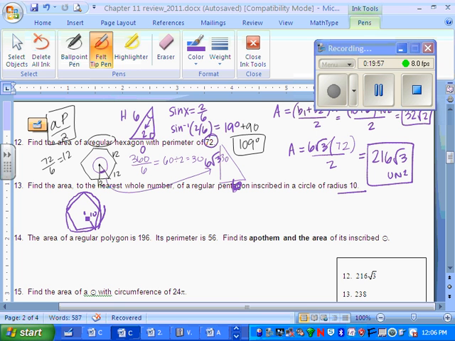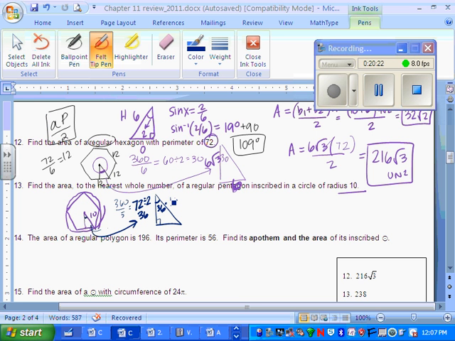If I pull out another triangle, that's my triangle. This is 10. To get the degrees, I take 360, divide it by 5, which is 72. Divide another time by 2, and I get 36. 36 is my degree that goes right here.